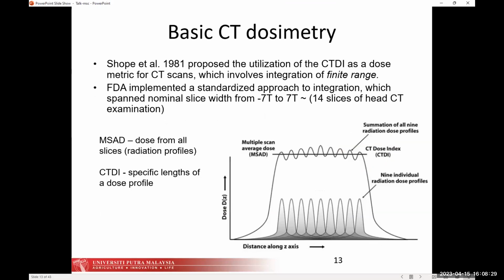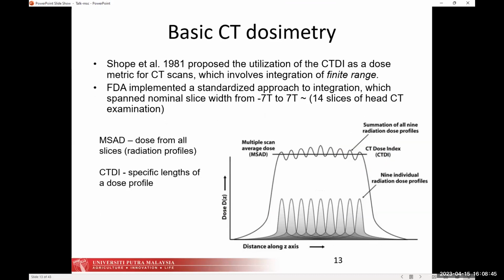Shope in 1981 proposed the very first dose metric, which nowadays we call the CT dose index. During that time, the CT dose index involved integration over a range from negative infinity to plus infinity.